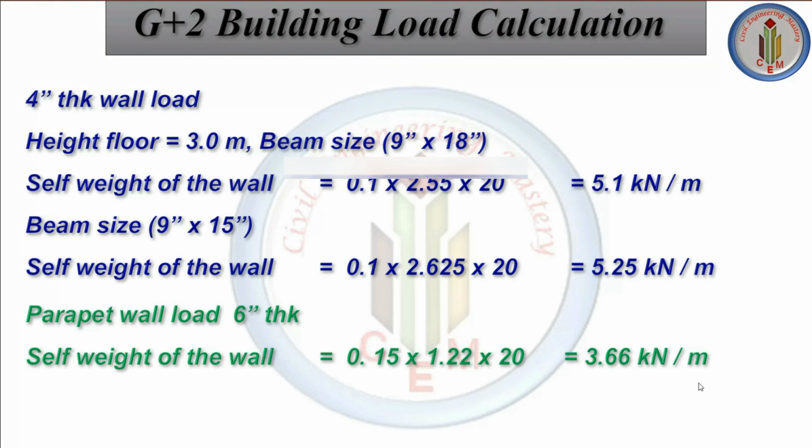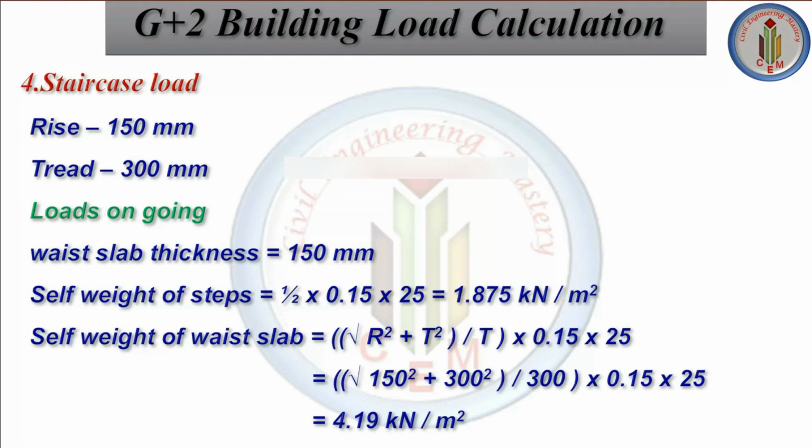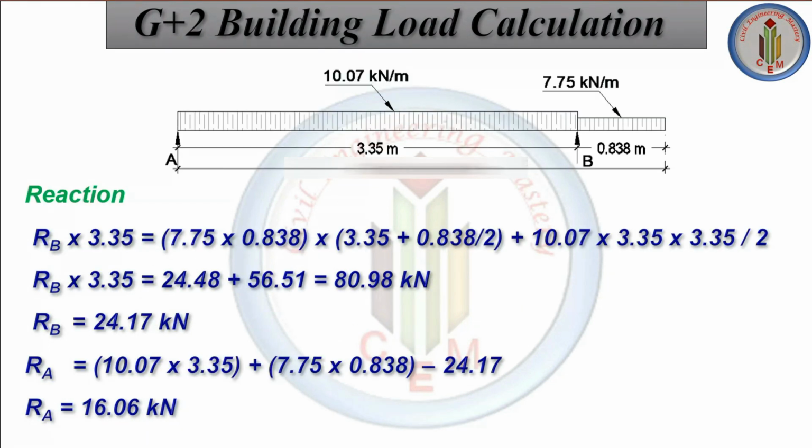Next, parapet wall load we have, that we need to assign on the top floor. Column load we can assign as self weight. In StatPro we have a self weight command, so we can assign it as a self weight. Next one is staircase load.